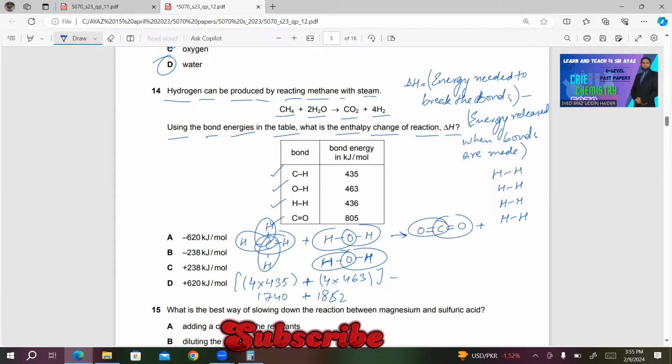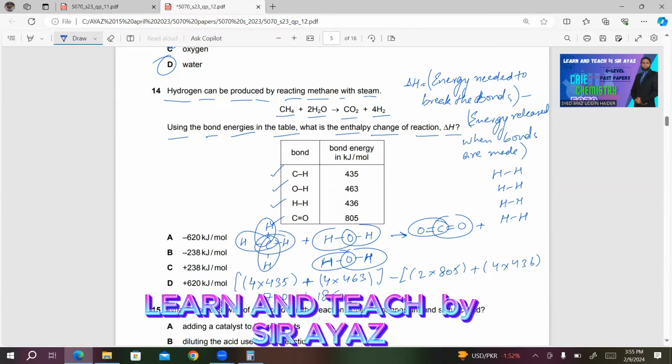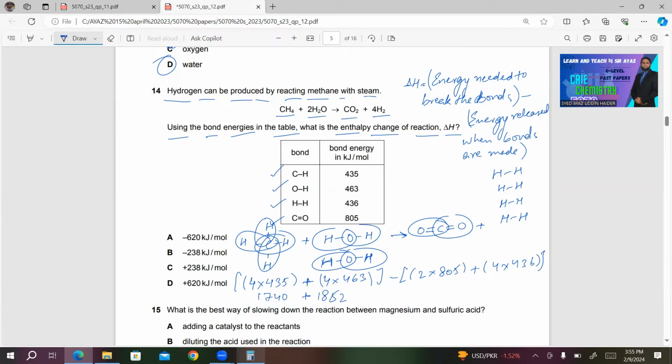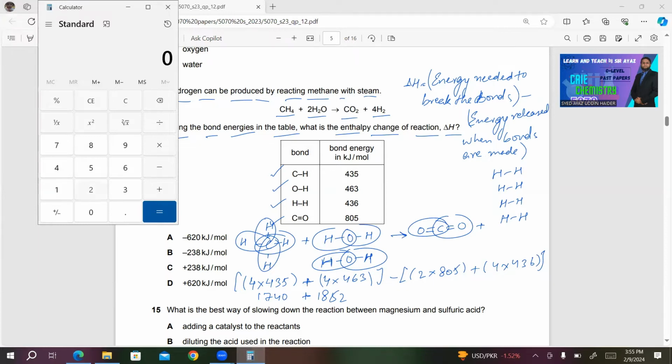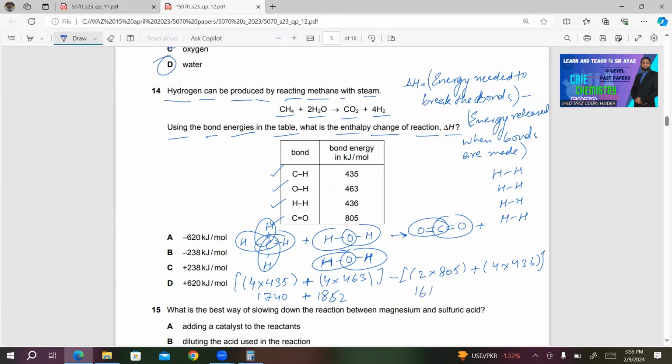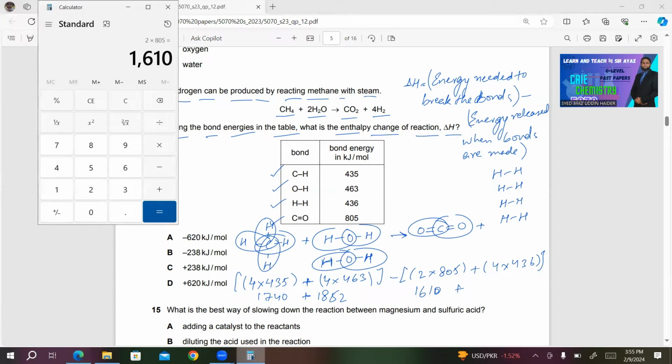So 2 multiplied by 805, plus we have 4 HH bonds, 4 multiplied by 436. So 2 multiplied by 805 gives 1610, plus 4 multiplied by 436, 1744.